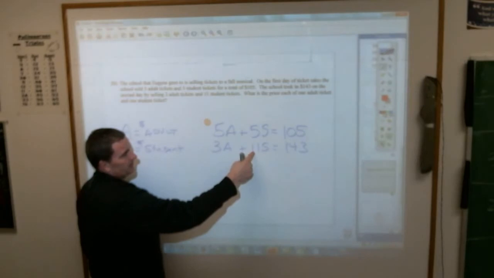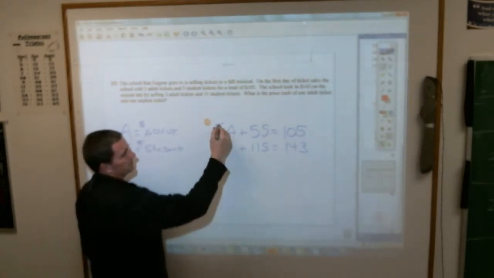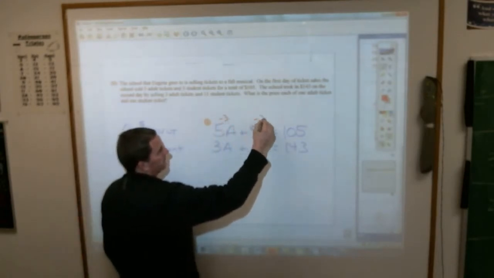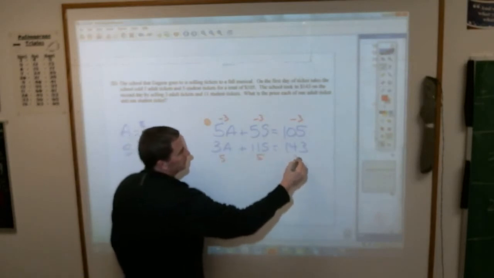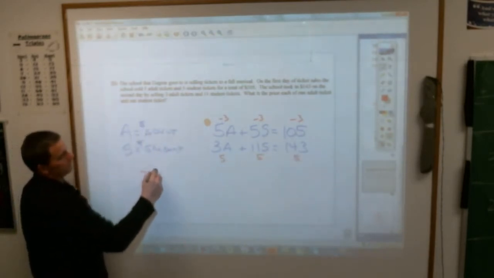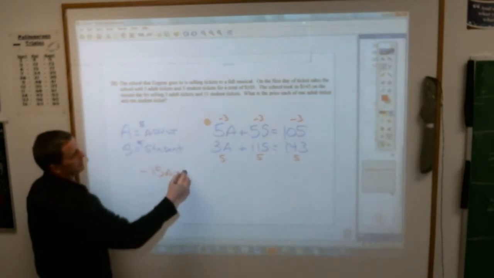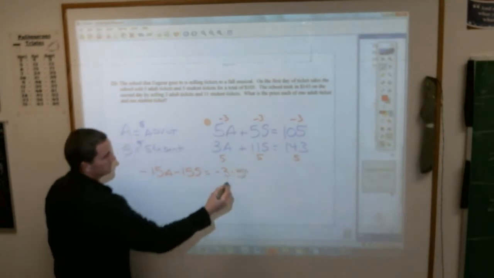Let's just try it. So this is negative 3's, correct? And this one is positive 5's. My new equations are going to be negative 15a minus 15s equals negative 315.